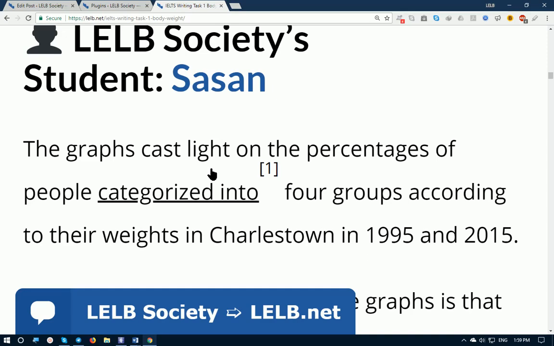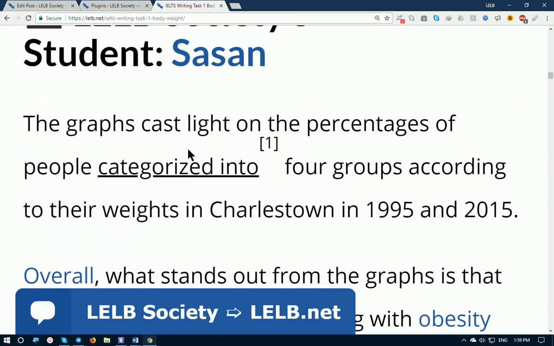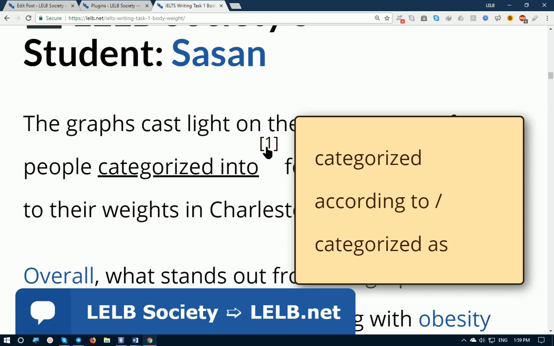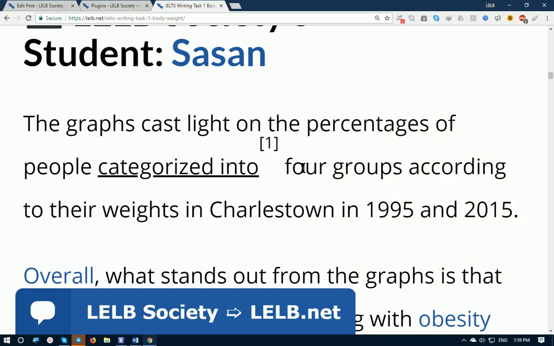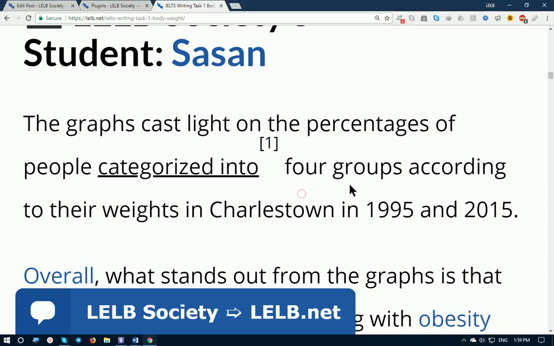Okay, so the graphs cast light on, means show, means clarify, the percentages of people categorized into, we have categorized according to or categorized as, we don't have categorized into, four groups according to their weights in Charlestown in 1995.